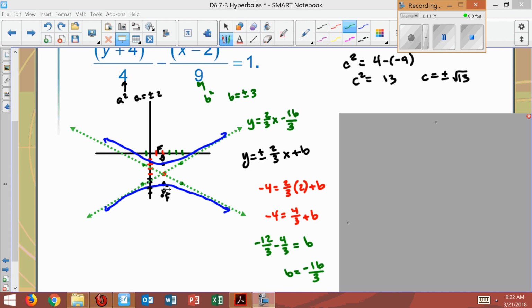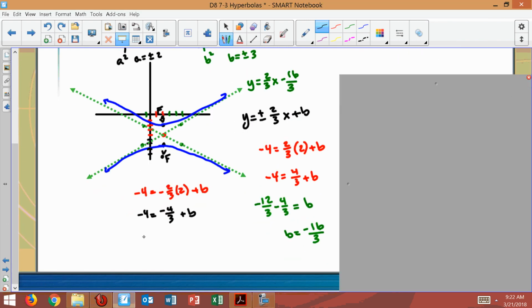And then on this equation here, I would do the same thing I just did, except this time, when I plug in -4 for y, I'm going to take -2/3, multiply that times 2, and add that to b. What I'm doing is plugging in a point that each of these lines hit, which is the center here. I multiply it out, and this time, I would have -4 equals -4/3 plus b, and so I add the 4/3 over.